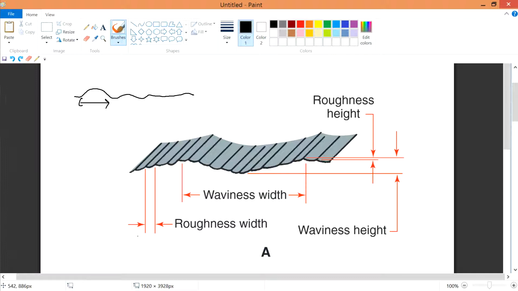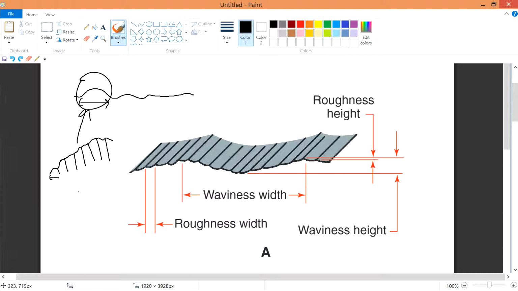The roughness width is the width between each of the sections. If you zoom in more into here, you can see there is certain detail going on. So they break it down into different paths. The difference between this and this is the roughness width.